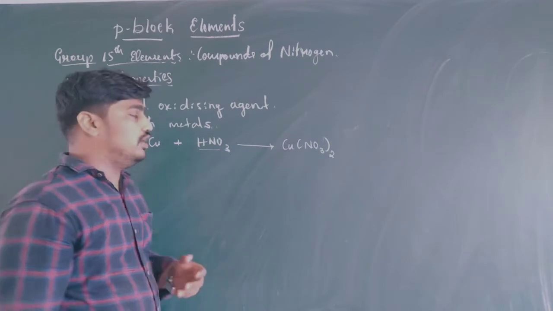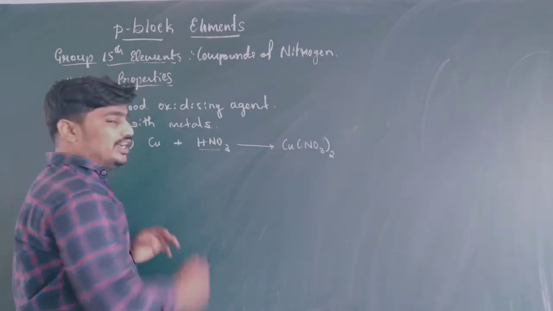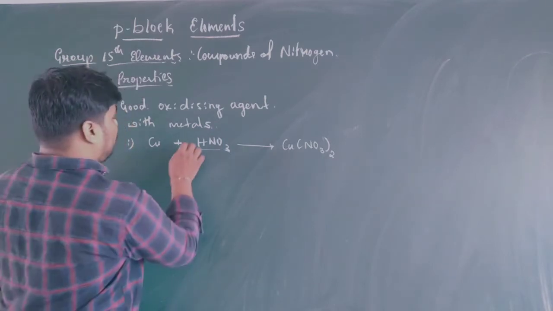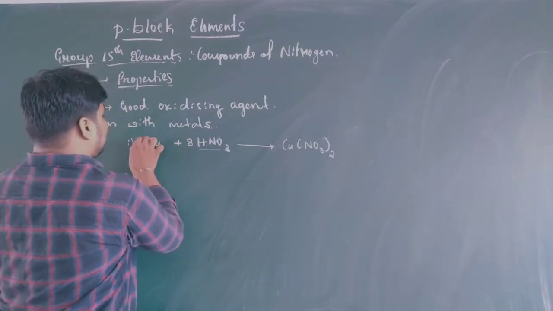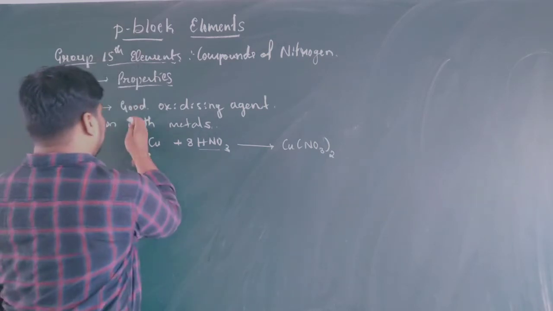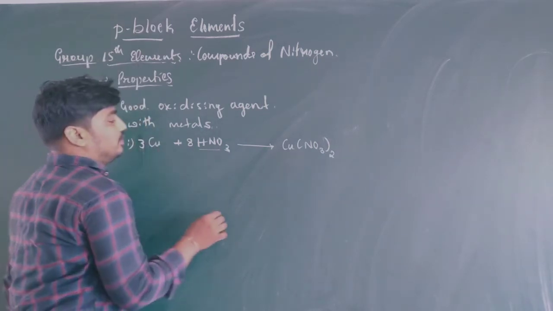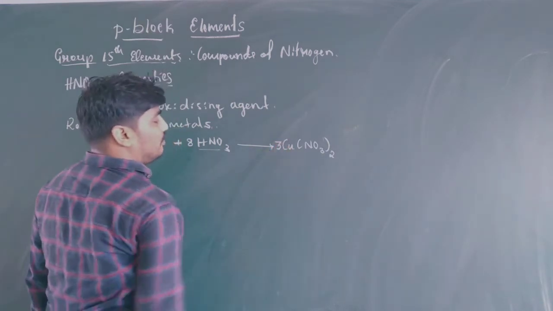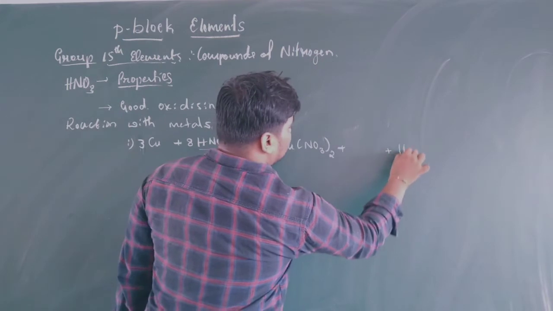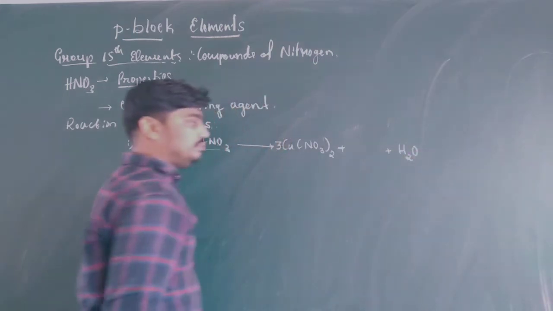If I consider dilute nitric acid, then excess of nitric acid is required. 8 molecules of nitric acid react with 3 molecules of copper and give 3 molecules of copper nitrate, and one byproduct is water.